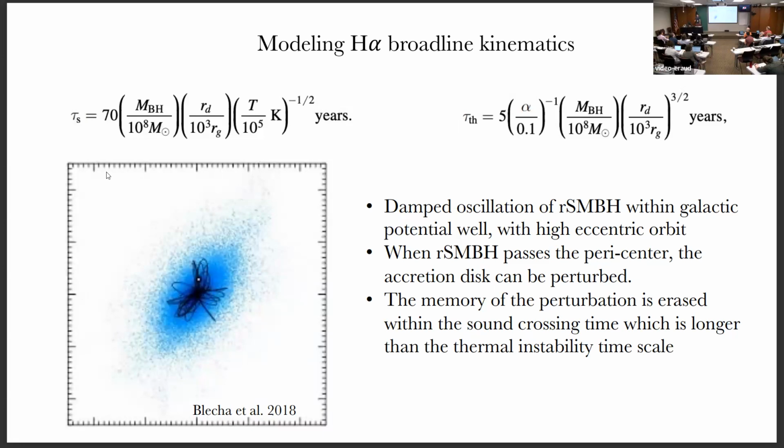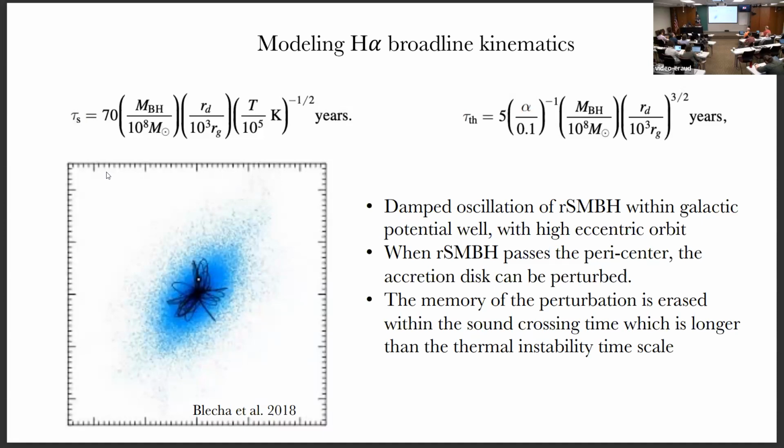This damped oscillation of a recoiling supermassive black hole within a galactic potential well should have a very high eccentricity. And if the black hole passes the pericenter, whether there are very concentrated star clusters or not, potentially the disk can be perturbed.